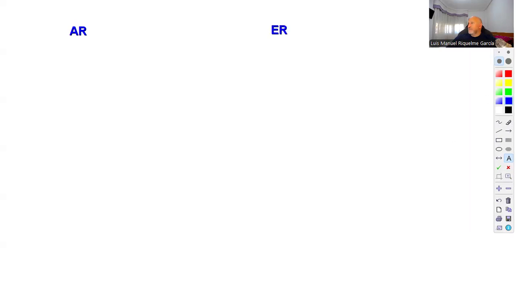We have three types of verbs in Spanish. We have verbs that end with an AR. We have also verbs that end with an ER. And finally, we have verbs that end with an IR.